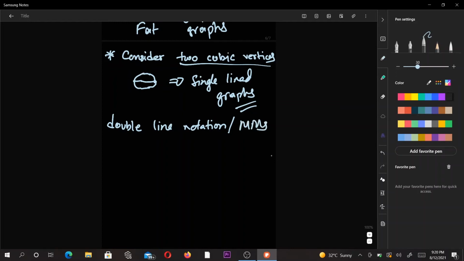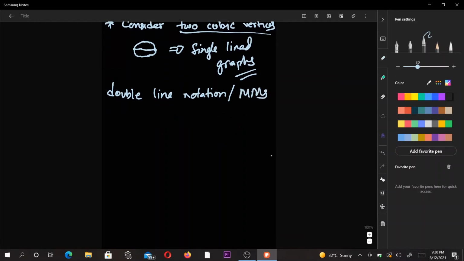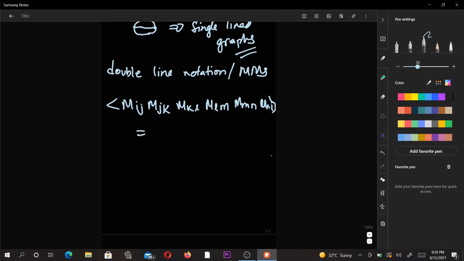Matrix models. So how will it span out? If you write it down here, M_ij, M_kl, M_mn, M_ni, and so on, there are six indices. If you do it, your answer will be some number. This number depends on the symmetries of the graph and the number of graphs.